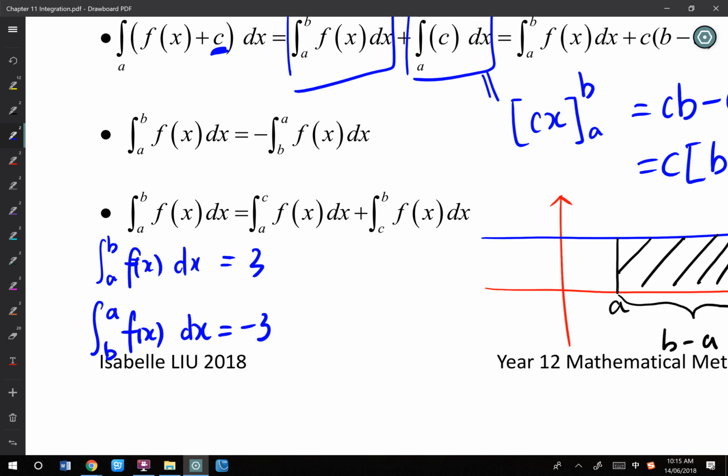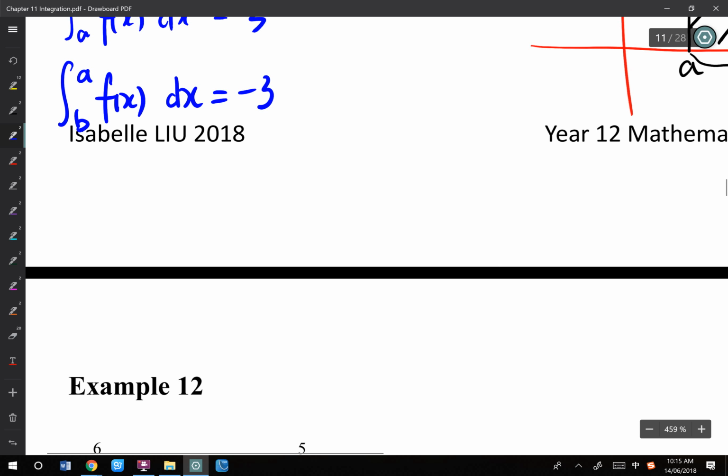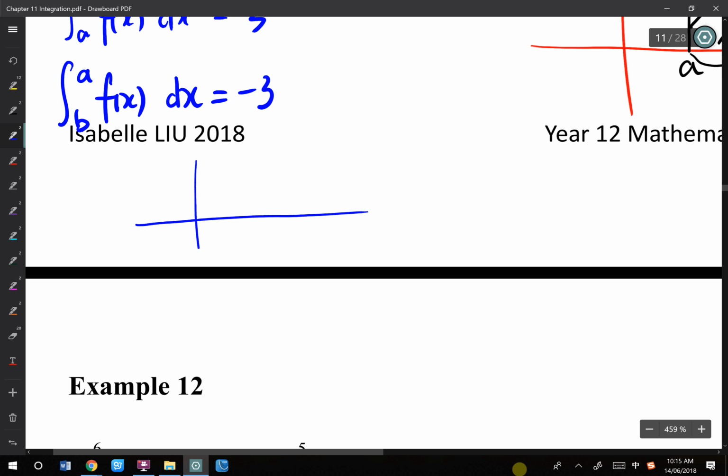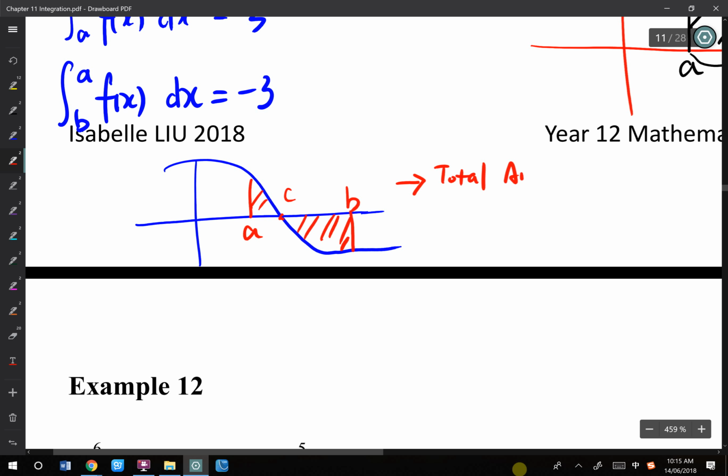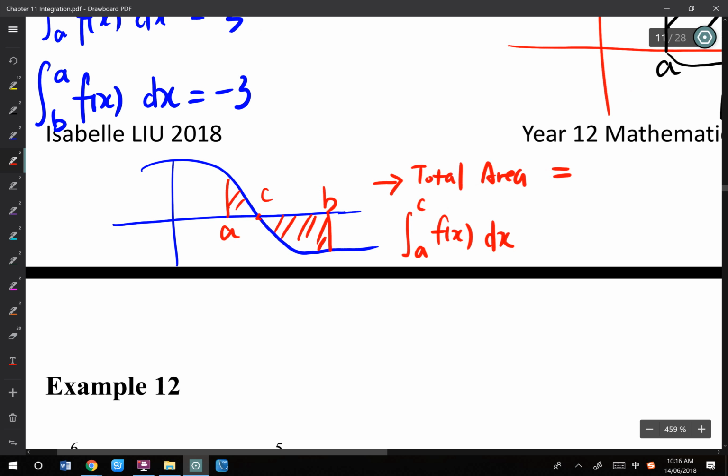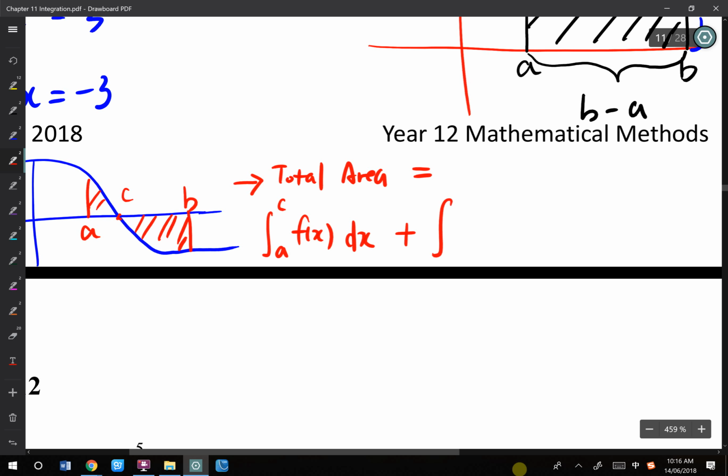But now think about that. Same question as before. If I'm talking about the total area between a to b, I have another way to write it now. The total area equals the integral from a to c of f(x), that's definitely true, plus the integral from b to c of f(x) dx.